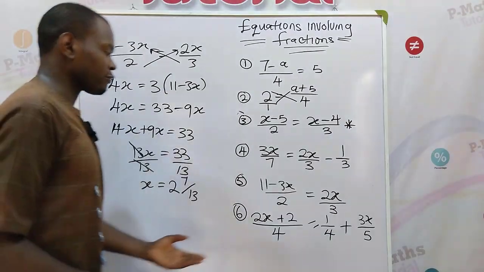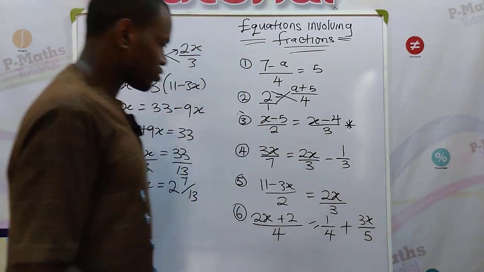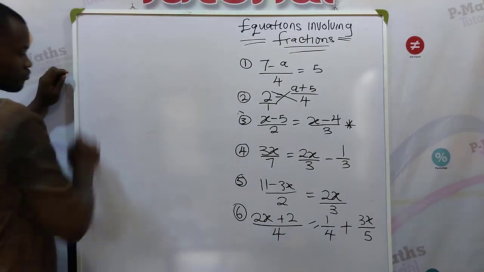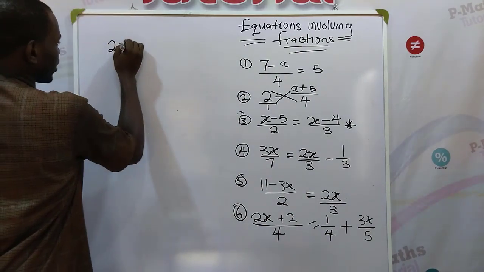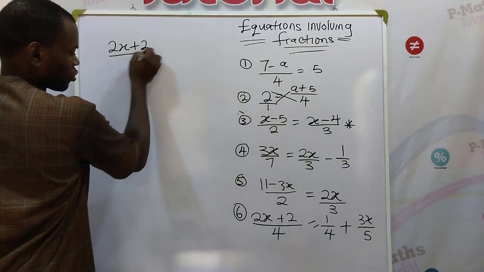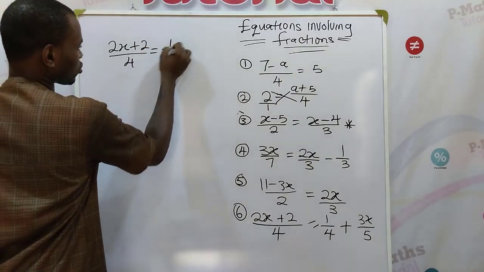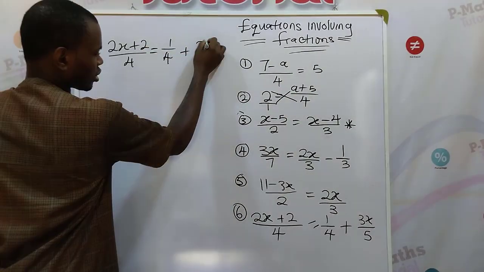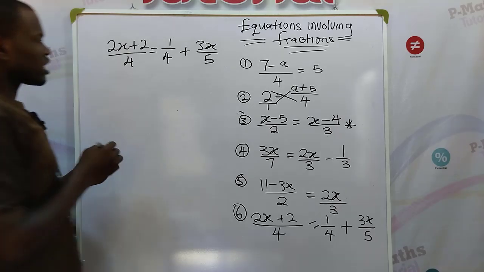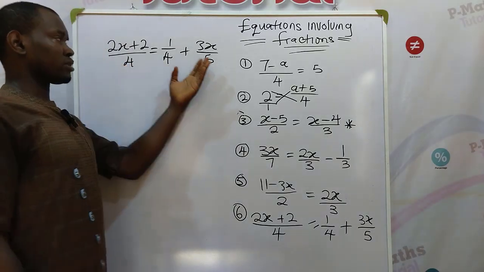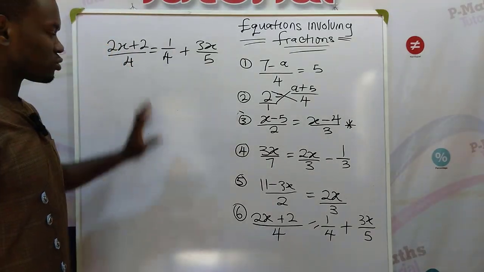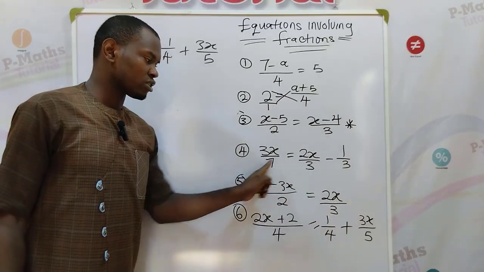So lastly, we have this situation. Let's also see how we simplify it. So we have 2x plus 2 over 4 to be equal to 1 over 4 plus 3x over 5. When you have 3 terms of fractions, what do you do? Remember how we solved this one.